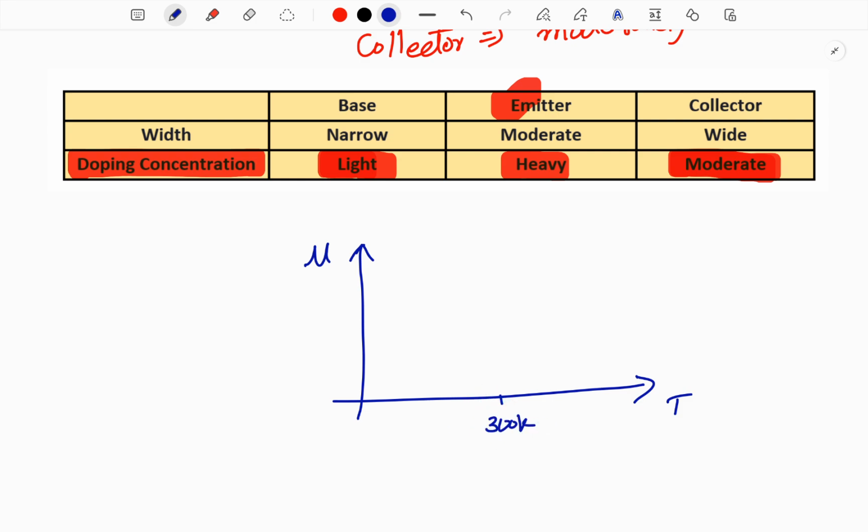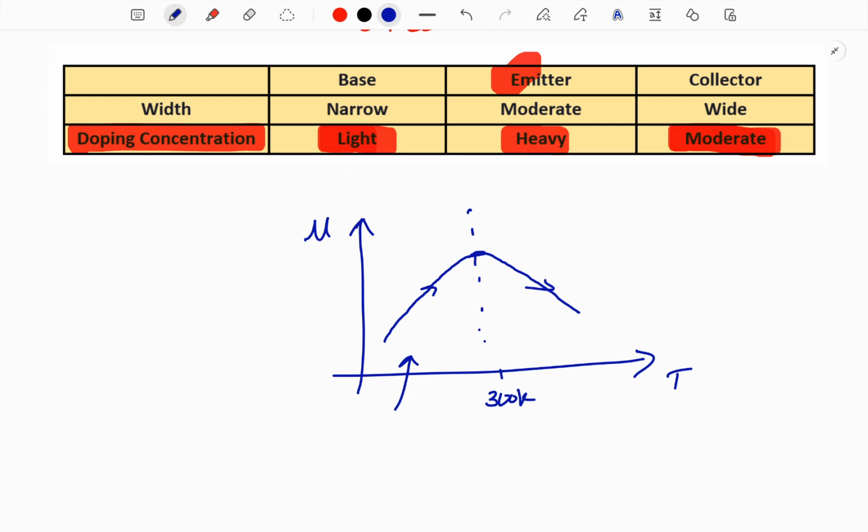Before 300 Kelvin, at low temperature, as temperature increases, mobility increases. This is due to impurity scattering.